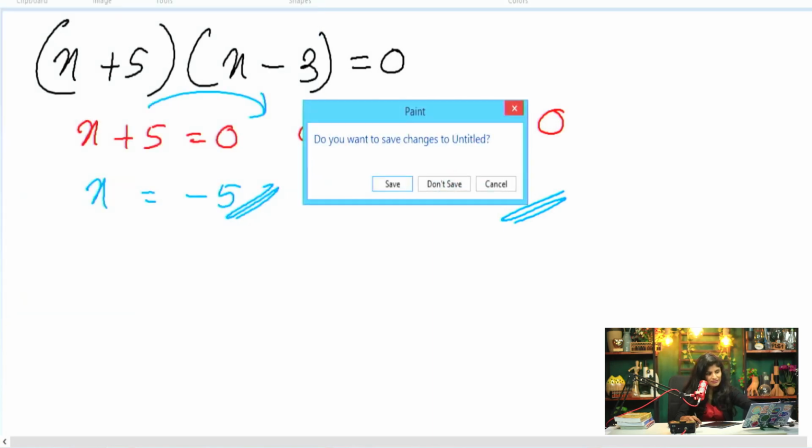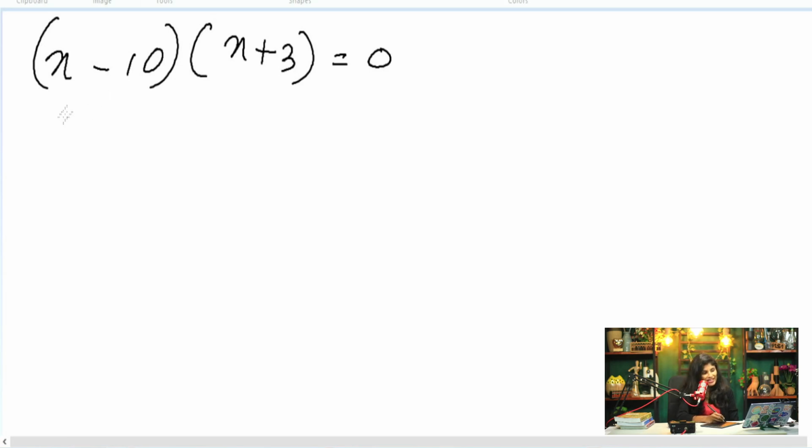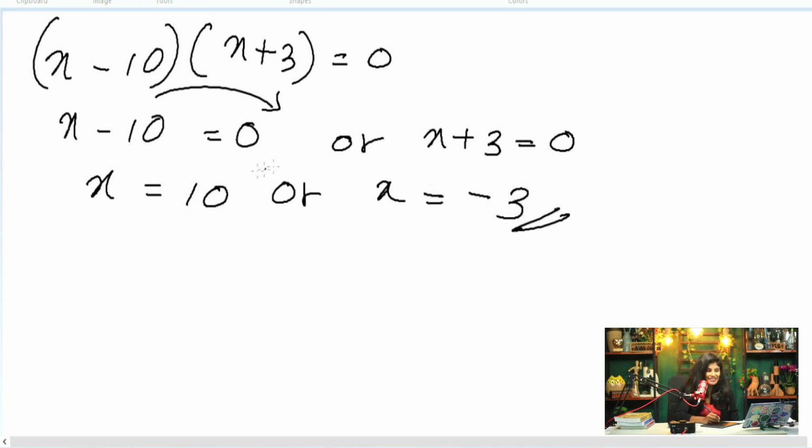Next question: x minus 10 and x plus 3 equals 0. Then x minus 10 equals 0 or x plus 3 equals 0. I will carry 10 to the other side, then x equals 10 or x equals negative 3. These are the two solutions for x.